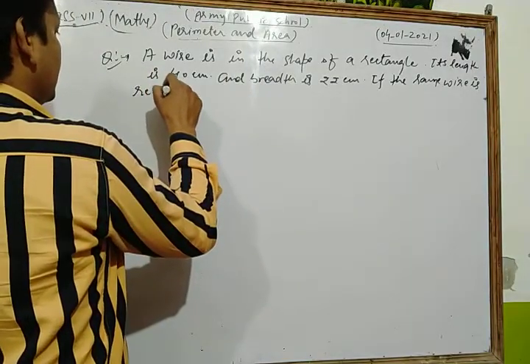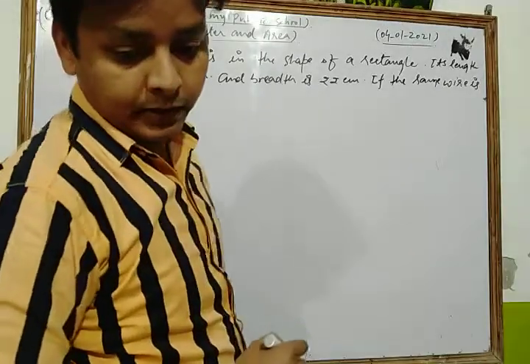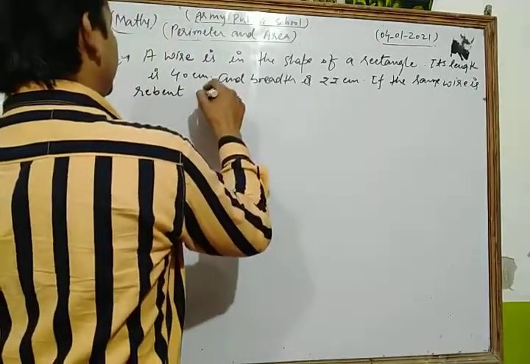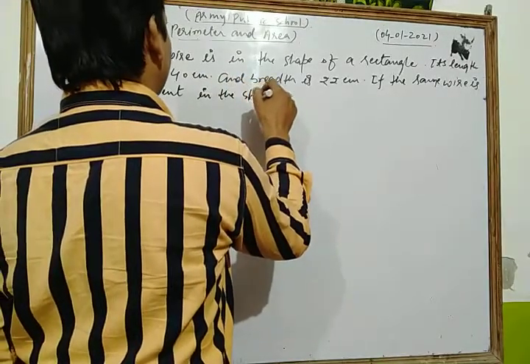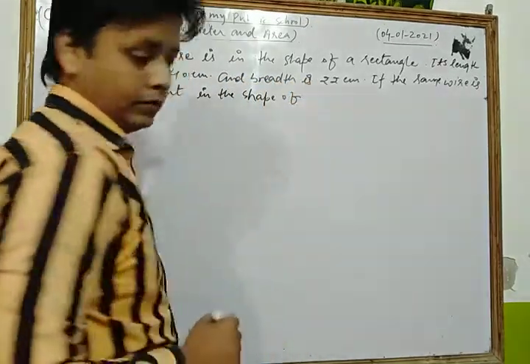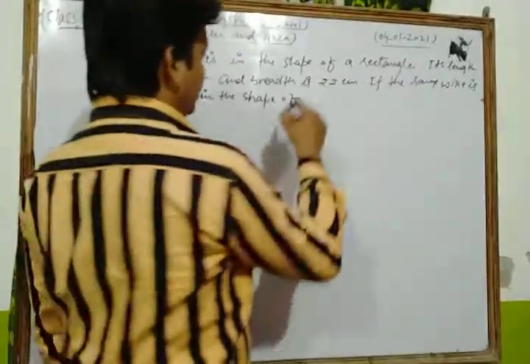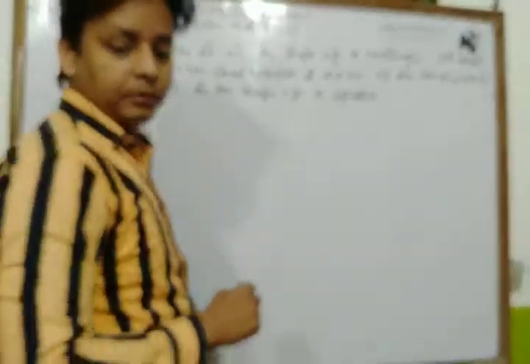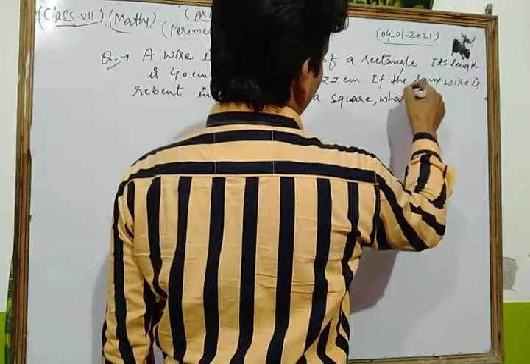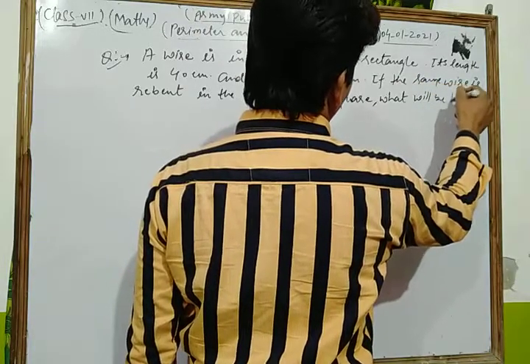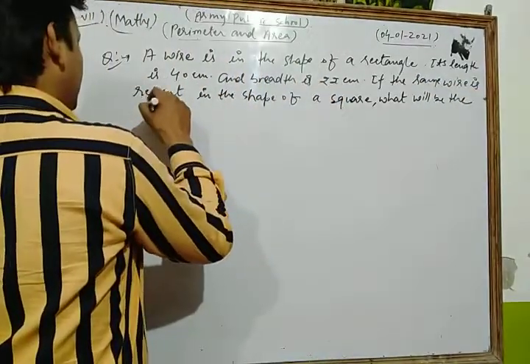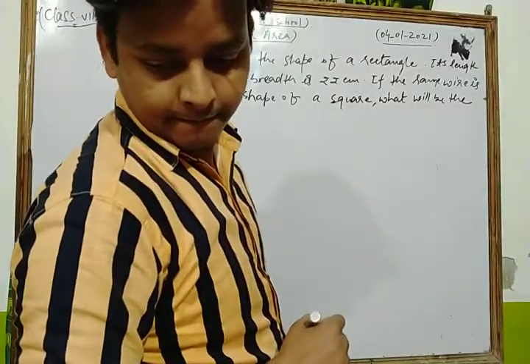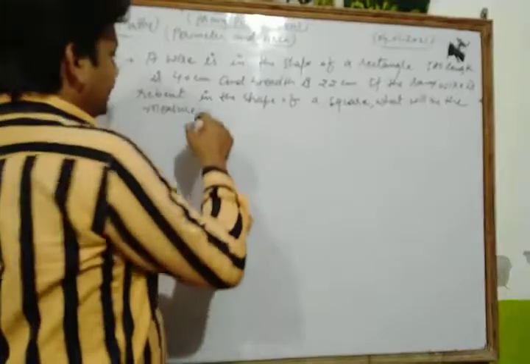If the same wire is rebent in the shape of a square, what will be the measure of each side?